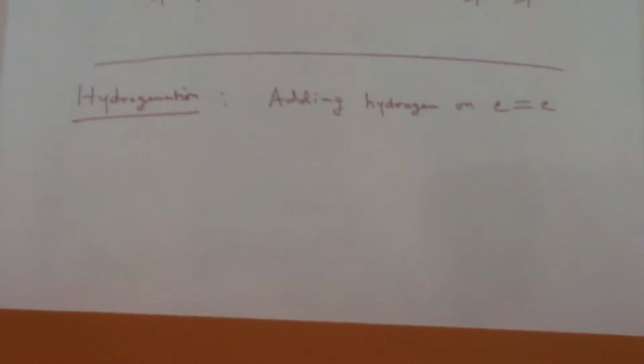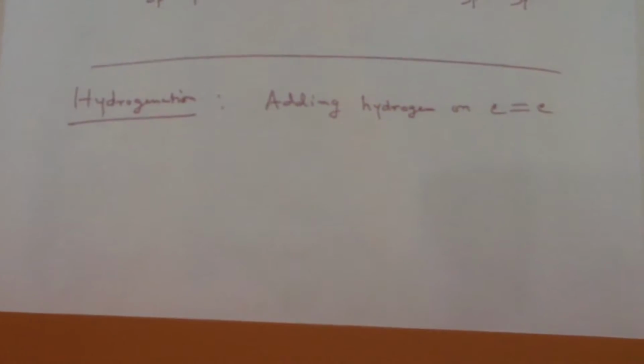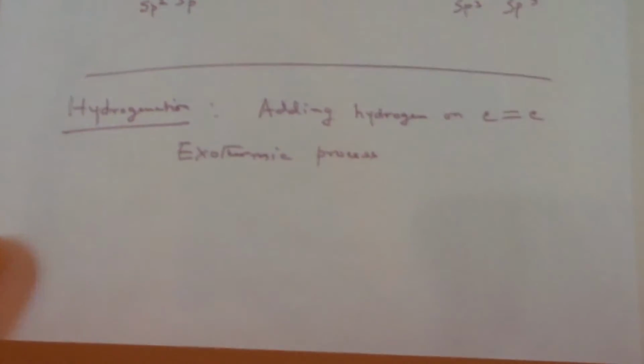Now, adding hydrogen to a carbon-carbon double bond is actually an exothermic reaction. Heat is released, so this is an exothermic process. Nevertheless, the reaction by itself is extremely slow.